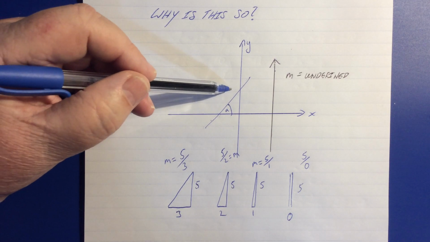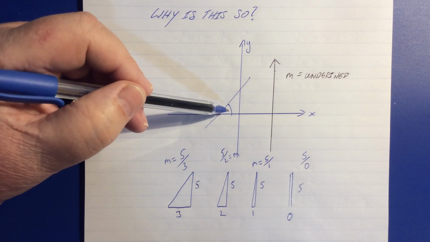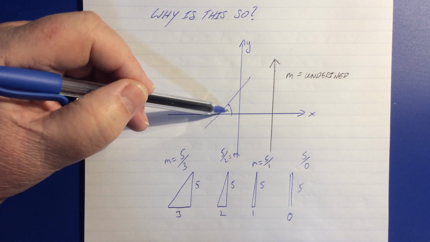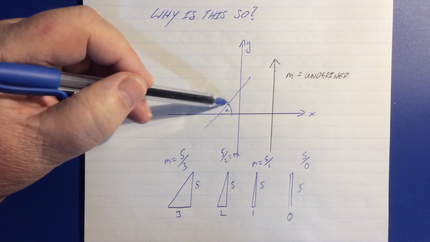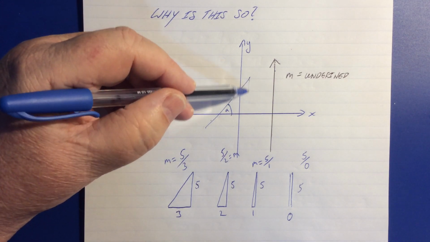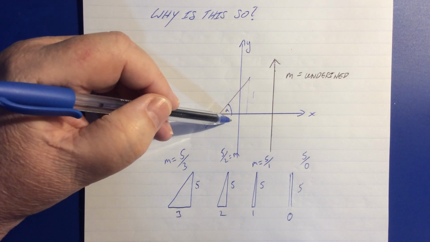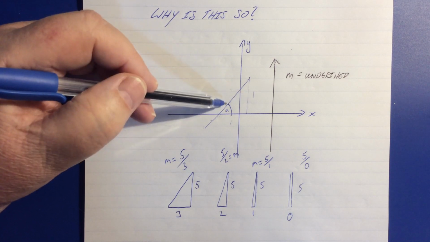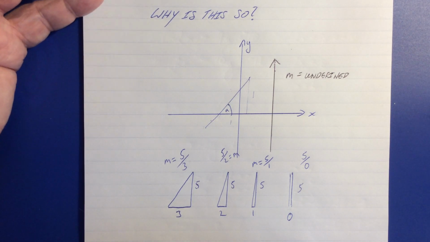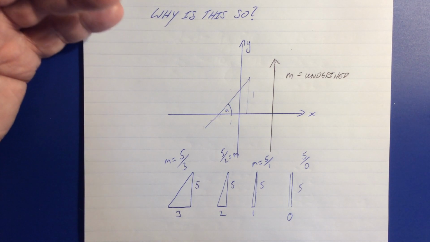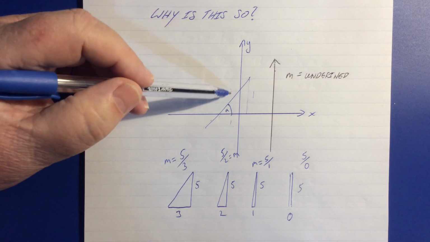The gradient of this line is the tangent of this angle. So if this is 45 degrees, the tangent of the angle will be 1 over 1, which is 1. And if you look that up in tangent tables, or put it in your calculator and ask what is the tangent of 45 degrees, they'll tell you that it's 1.